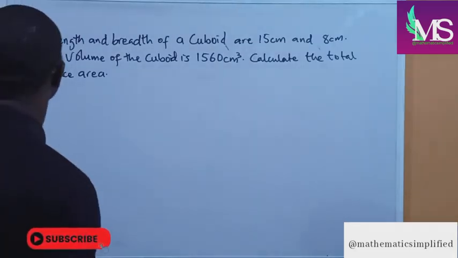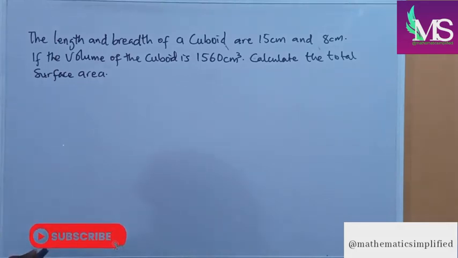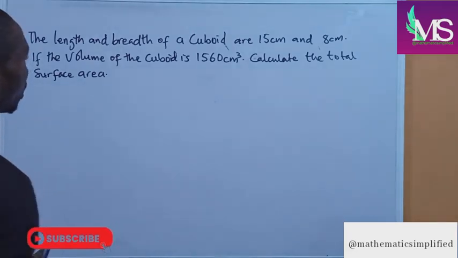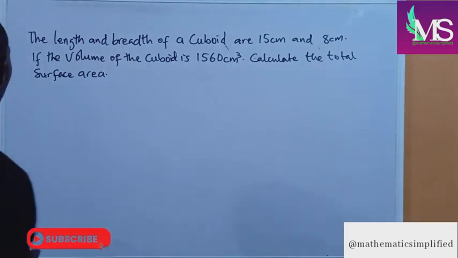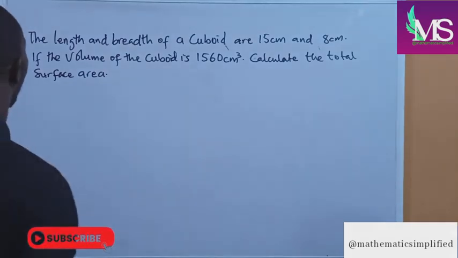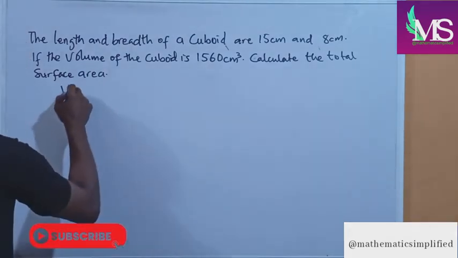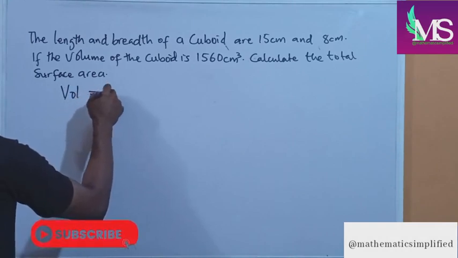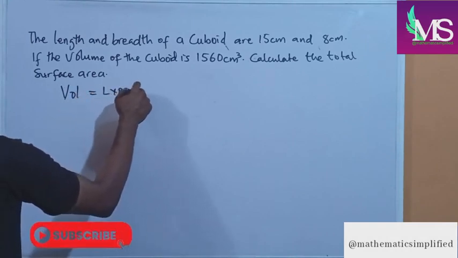Our next question says, the length and breadth of a cuboid are 15 cm and 8 cm respectively. If the volume of the cuboid is 1560 cm cube, calculate the total surface area. Now we know that for volume of cuboid, we have it as length times breadth times height.